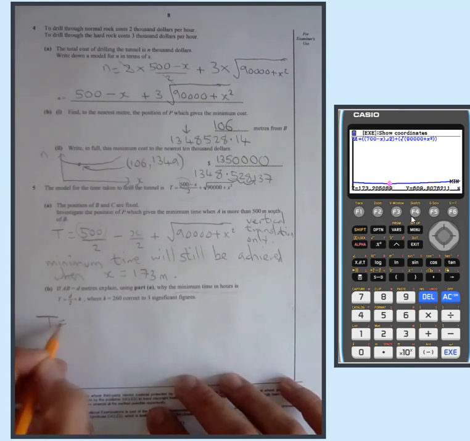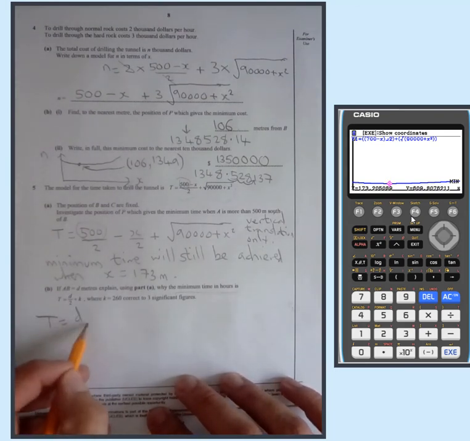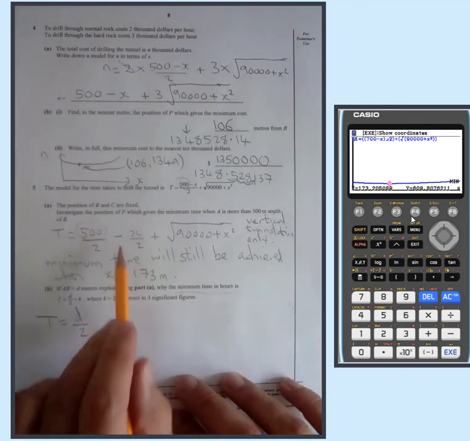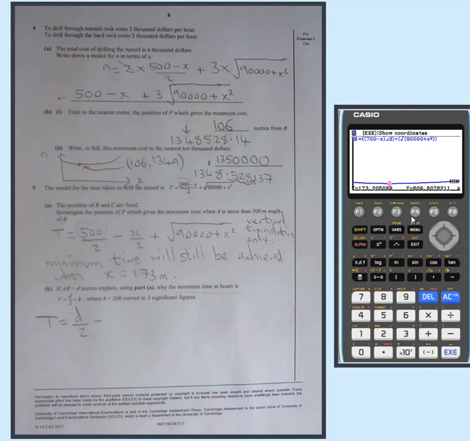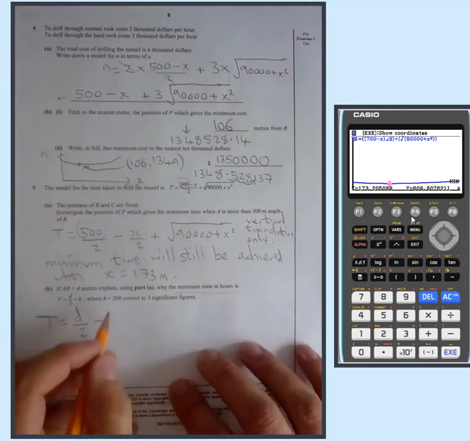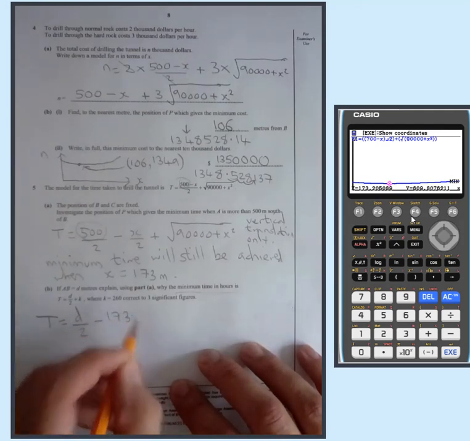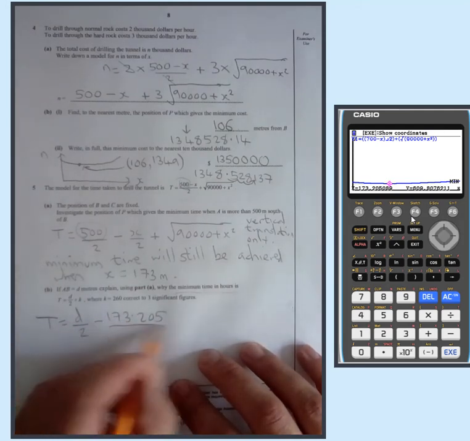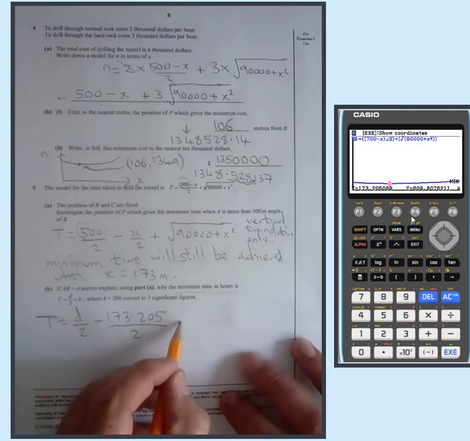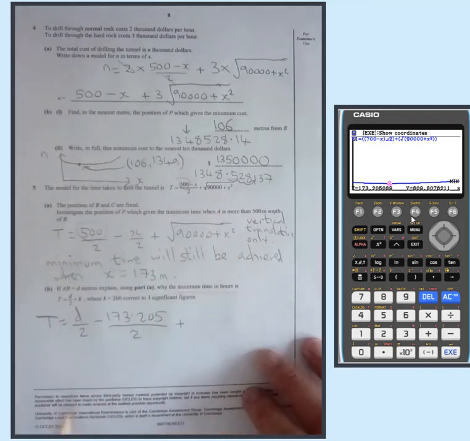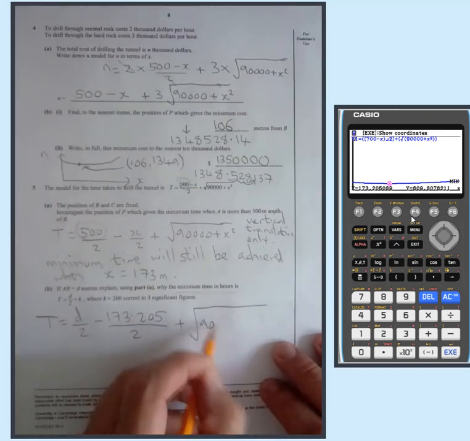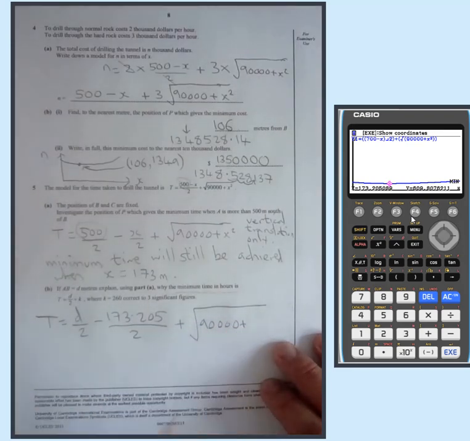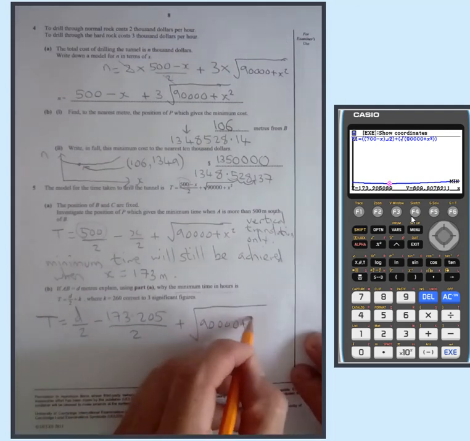So T equals D over 2, that's this bit, minus X over 2. And remember, we're going to use the X value that gives the minimum time. So I'm going to put 173.205 over 2, plus the square root of 90,000 plus X squared, so 173.205 squared.